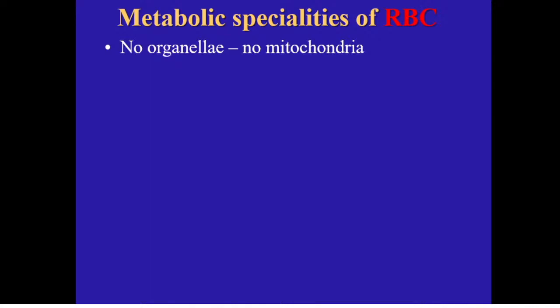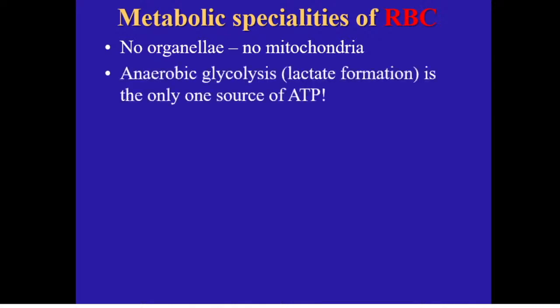From reticulocytes to matured erythrocytes, these cells are losing their organelles, so they do not contain mitochondria. The energy for erythrocytes is supplied only by anaerobic glycolysis, with lactate formation. It can be easily excreted to the plasma and then used for gluconeogenesis in the body.